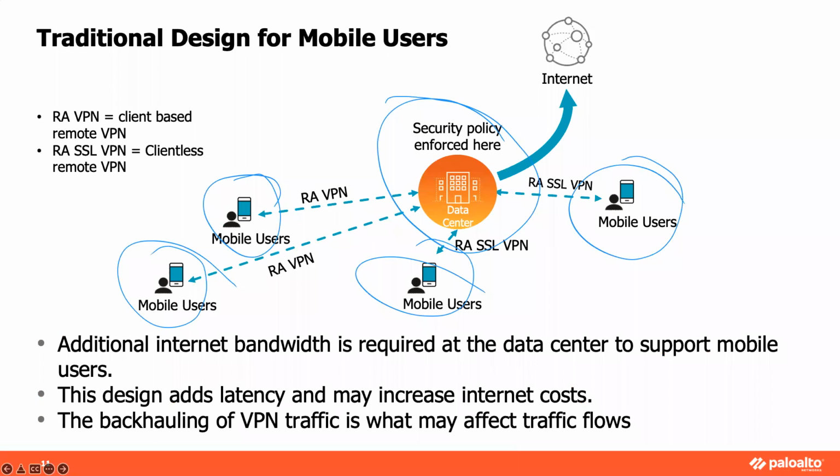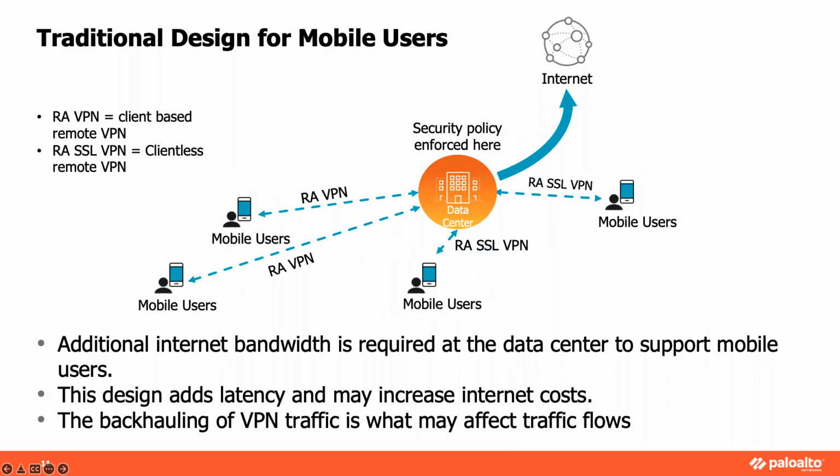And all traffic that is bound to the internet has to first go back to the main data center before it can go out to the internet. Much like our remote office users, our branch office users, it's the same sort of thing.